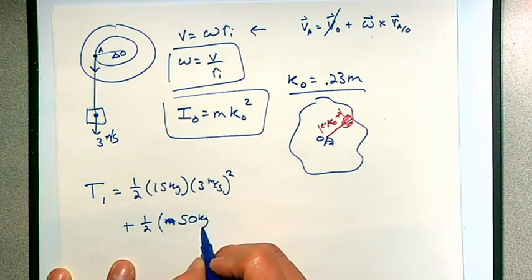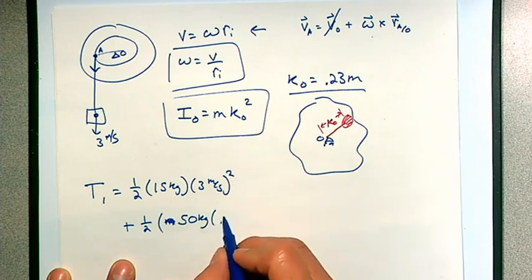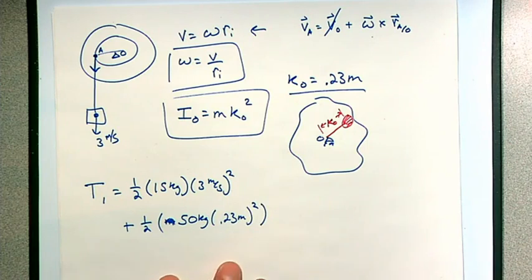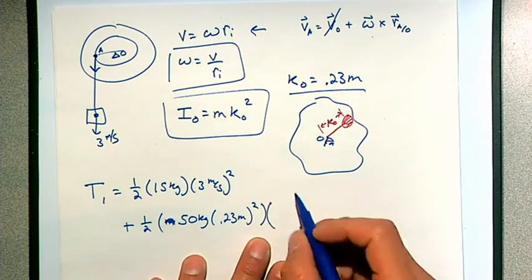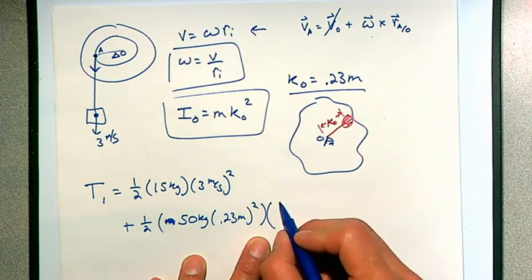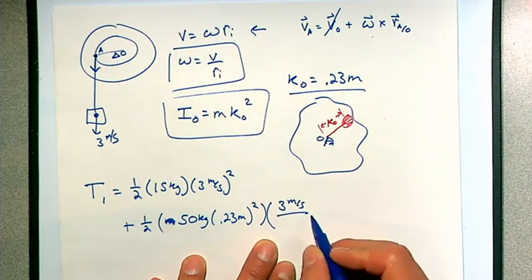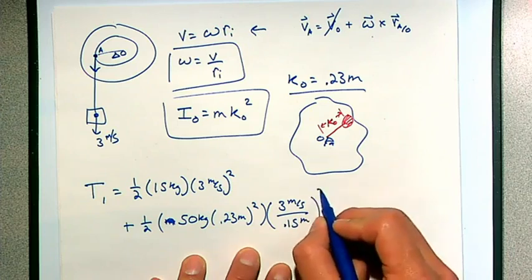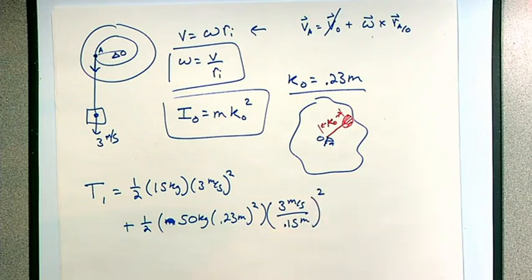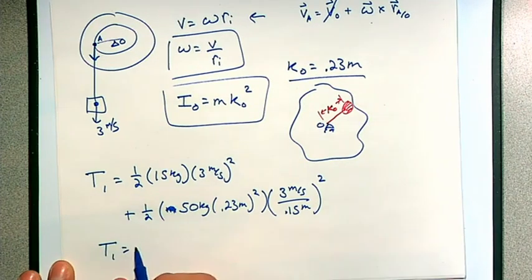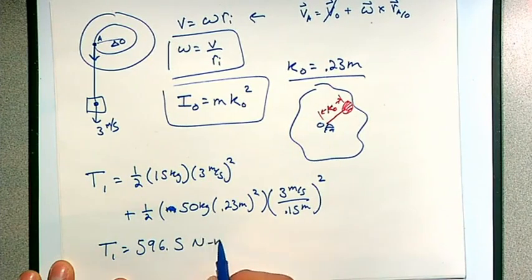It's 50 kg times 0.23 meters, that term is squared. And my omega, it's my velocity divided by r. So my velocity is 3 meters per second. My inner radius was 0.15 meters. That term squared. So my kinetic energy, 596.5 Newton meters.